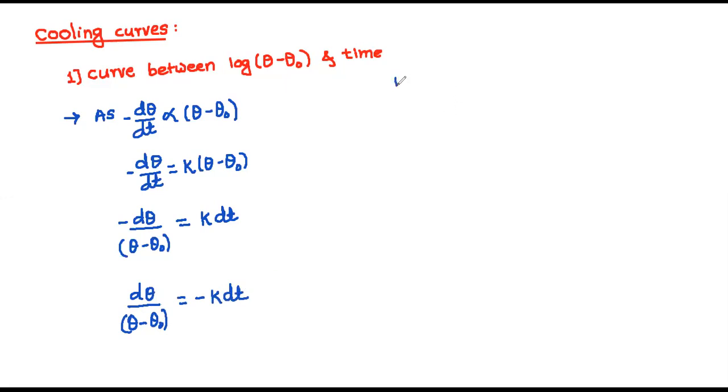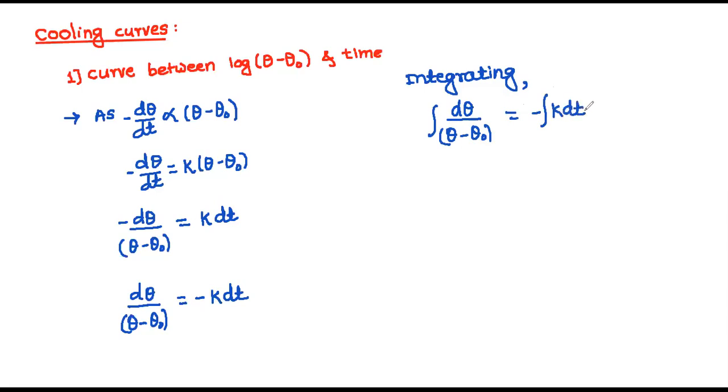Now taking integration, or just I am writing integrating, by integrating. See, this side integration of d theta divided by theta minus theta naught is equal to integration of minus k dt.